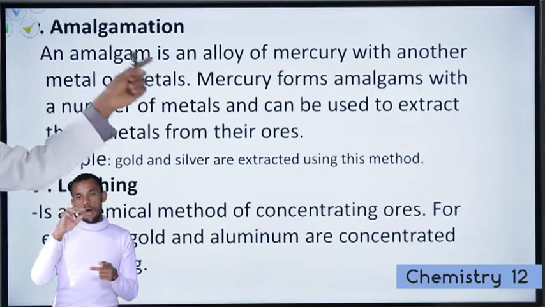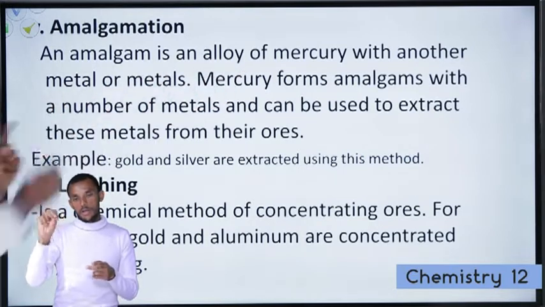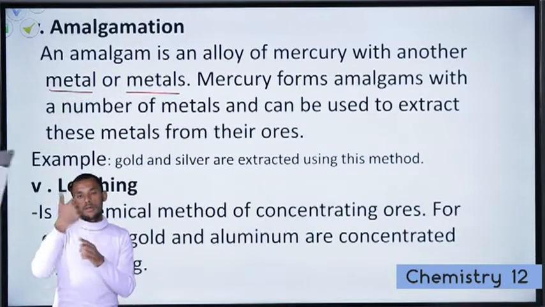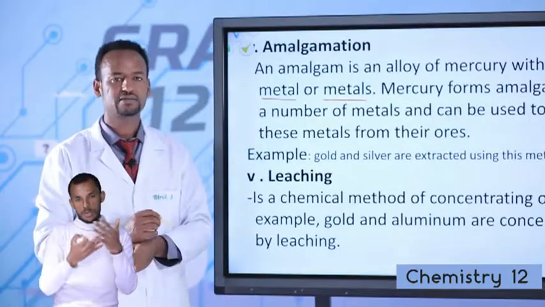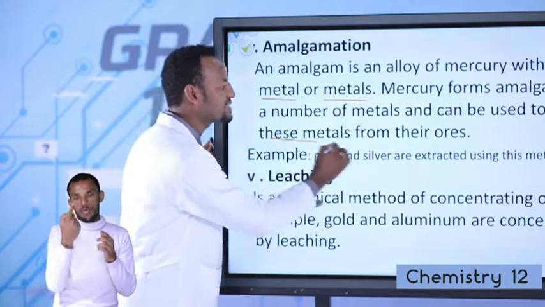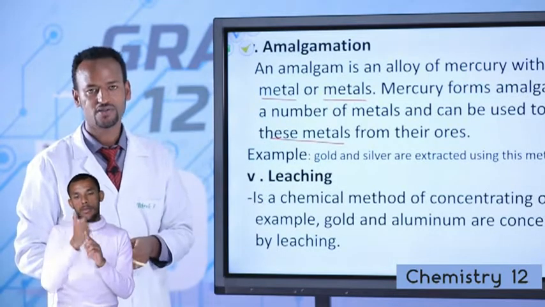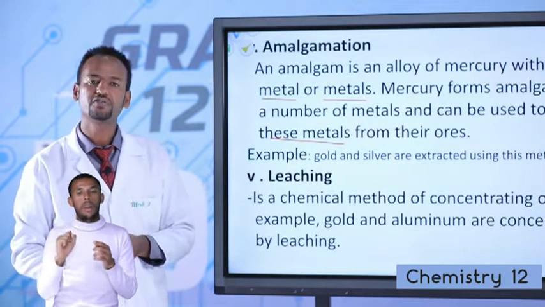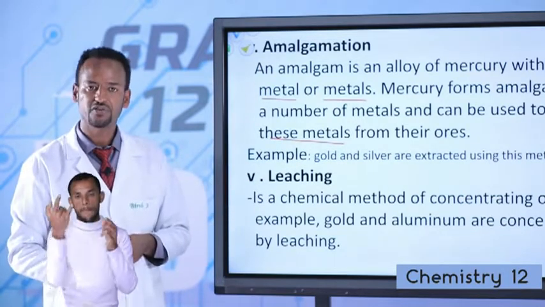Mercury forms amalgam with a number of metals, and can be used to extract these metals from their ores. Gold and silver are extracted by using amalgamation.